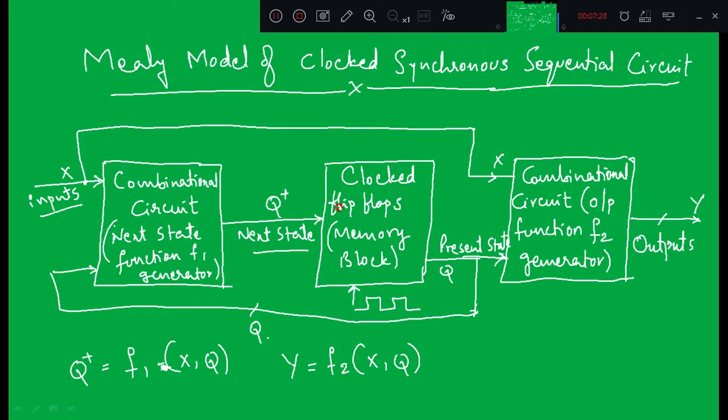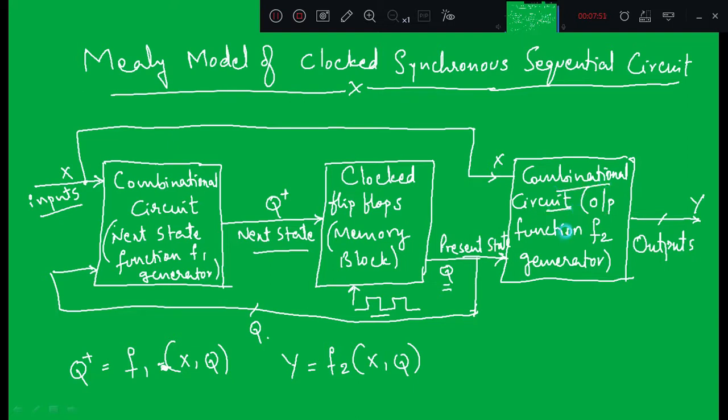Next, the Q plus will act as an input for clocked flip-flops, which is nothing but the memory block, which also takes the sequential clock, right? Next, the output of this memory block is nothing but the present state, which is represented as Q, right? So this Q will act as input for what? The combination circuit.